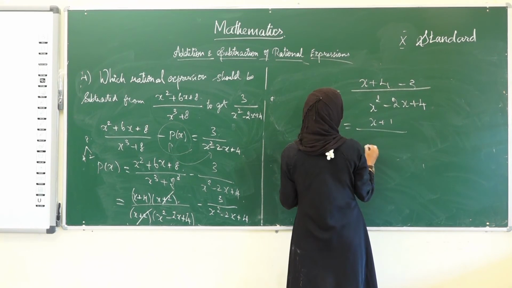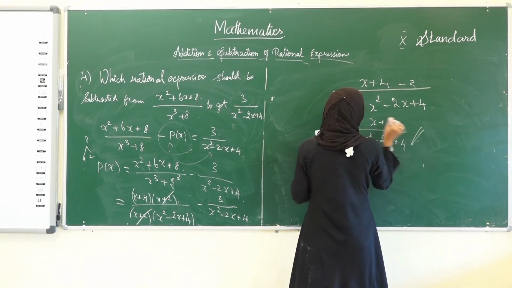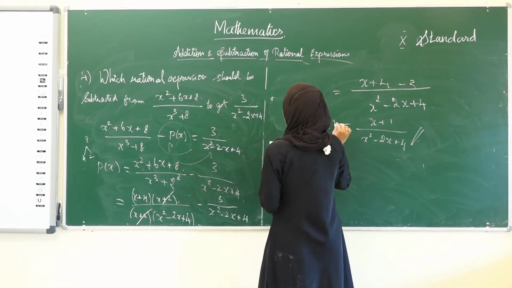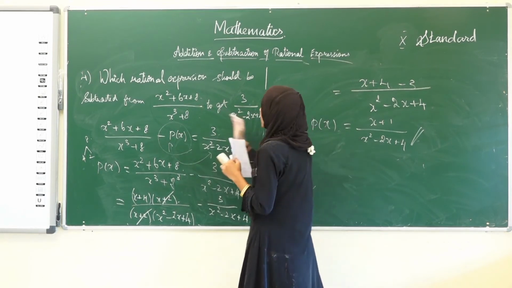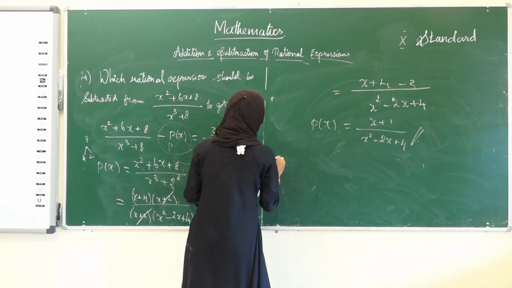That is, 4 minus 3 is 1, over x square minus 2x plus 4, which is the required rational expression, that is p of x. What we have to do is subtract this p of x, the answer, from this term to get this. Now shall we move on to the fifth sum.